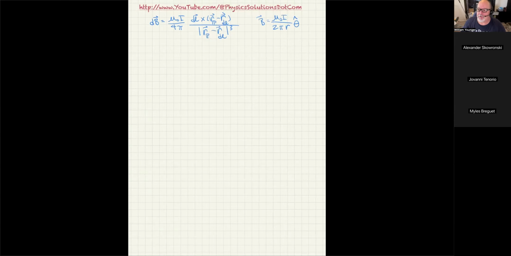And last time I spent a little bit of time showing you what the theta hat direction meant. Remember, if you're talking about a point on the x-axis, then the theta hat direction is basically the same as the positive y direction. If the point at which you wish to know the magnetic field is on the y-axis, then theta hat points in the negative i hat direction.